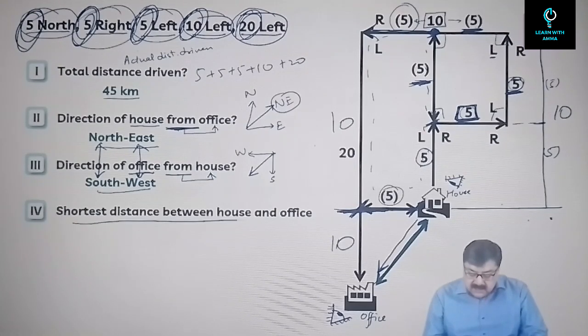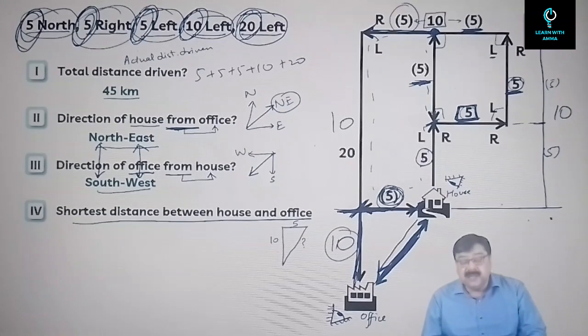Now, shortest distance between house and office is this, as you can see. Once again, it is an inclined line, so you would make use of the Pythagoras theorem. So, you get a right angled triangle here, something like this. This distance is 5, this distance is 10, and you have to find out the length of this inclined line.